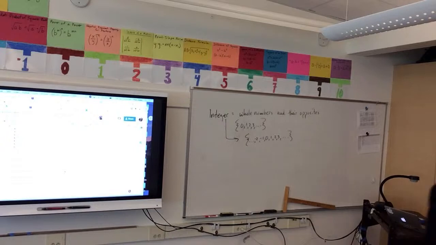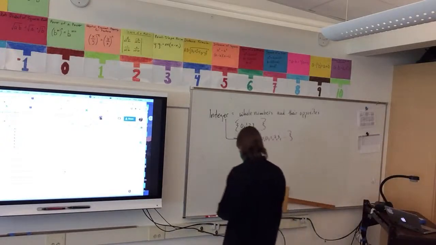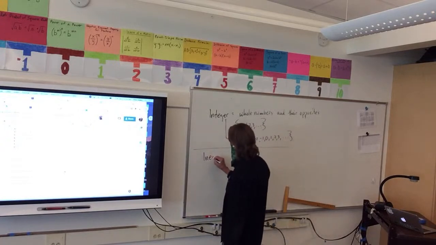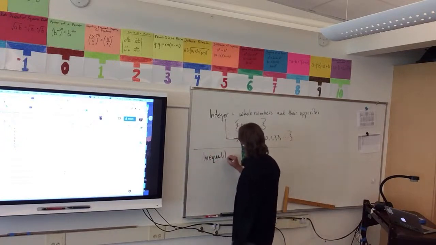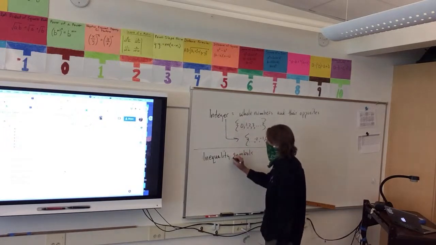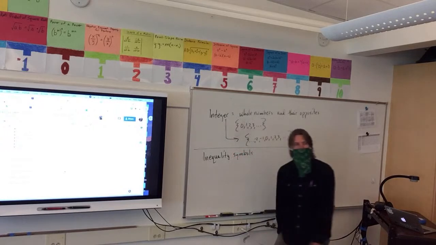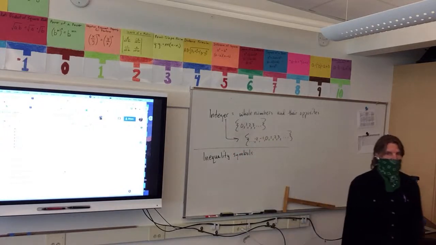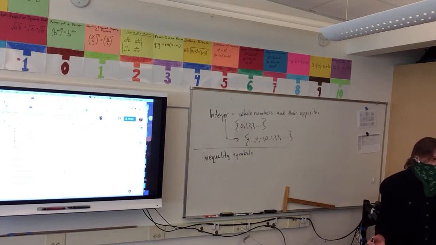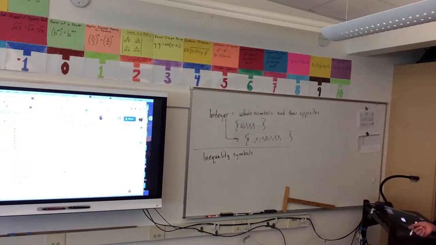And then there's inequality symbols. So I'm gonna keep working down here. If we say we have inequality symbols, what do those look like? We know equality, right? What symbol do we use for equality? Equal, yeah.